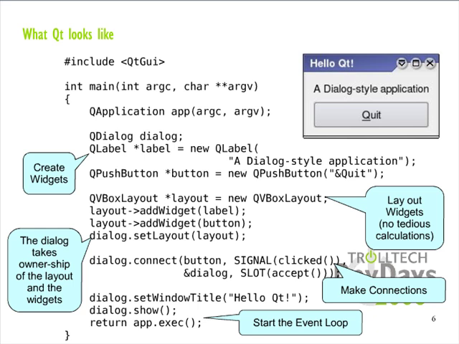Control is the Windows term for a visual component. So at that call, ownership is transferred from us to Qt. We don't have to worry. And you can write quite a few Qt programs where you never call delete, because you've always passed ownership onto Qt.